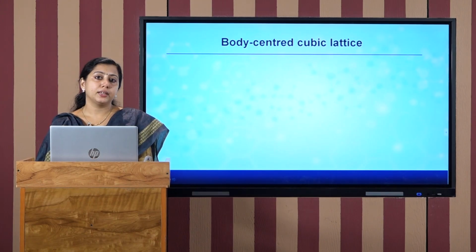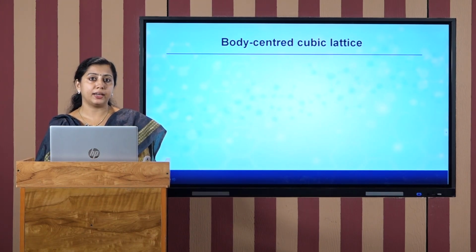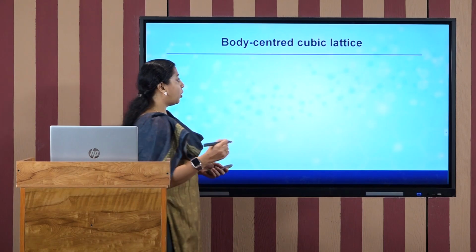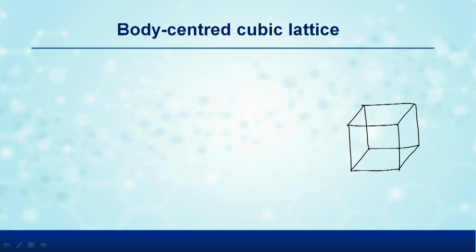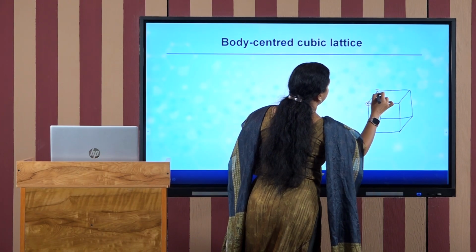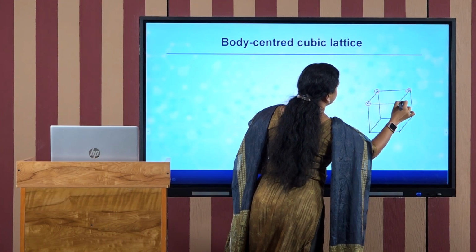Now, let us see a body centered cubic lattice. In a body-centered unit cell, so let's draw a body-centered unit cell. And we know that in a body-centered unit cell, we have atoms at the corners.